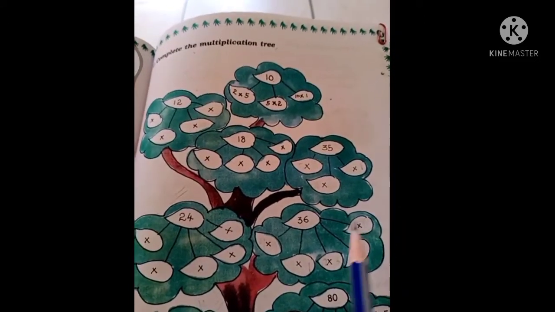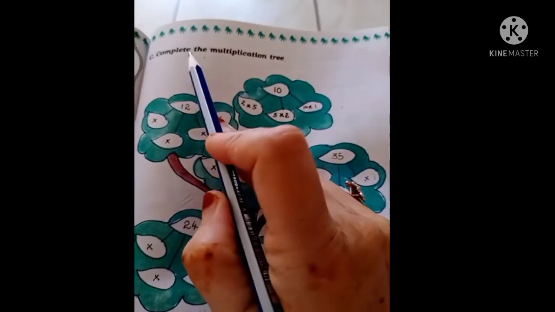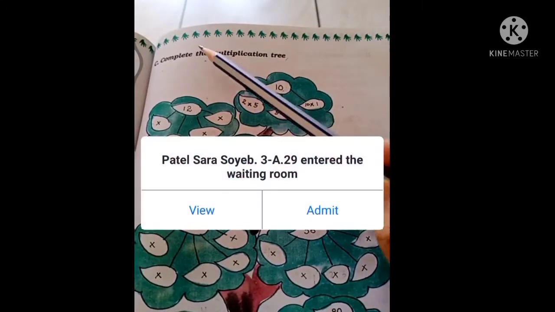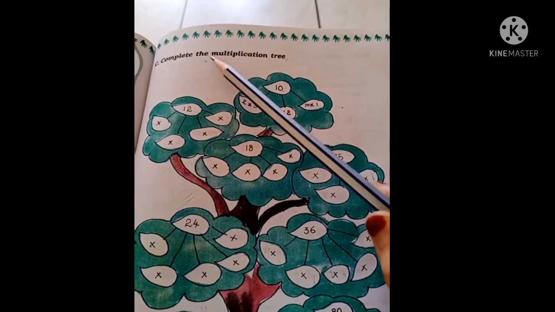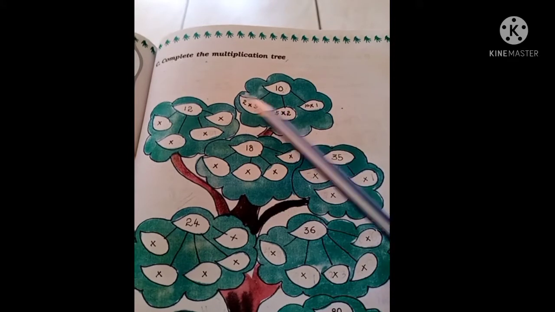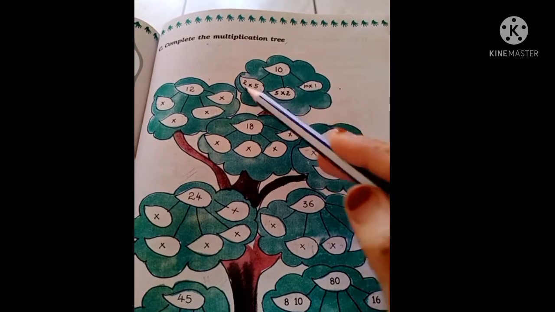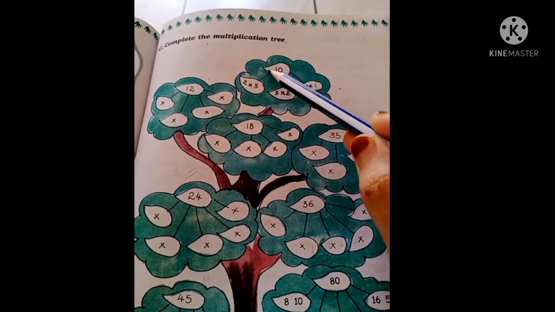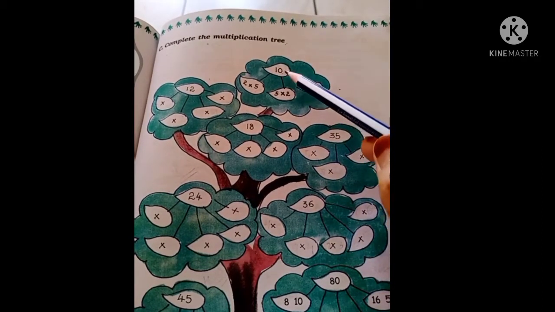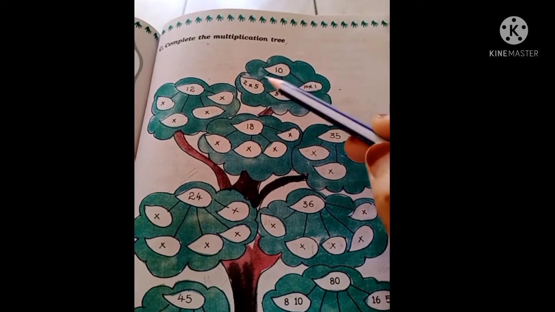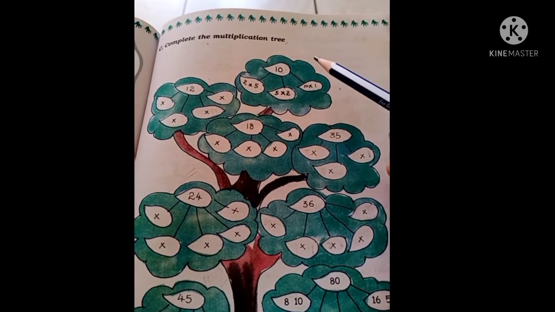Next page here, students, what is given over here? Complete the multiplication tree. So here, students, you can see the tree, right? Here what we have to do is see the number given here. We have to find out in which table this number came, and that table statement we have to write down over here.